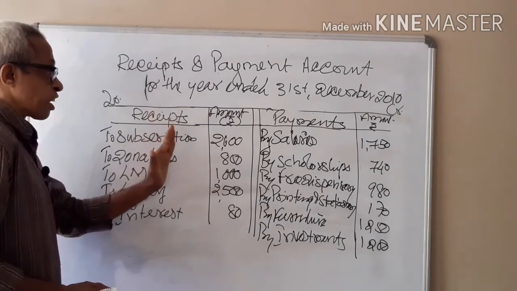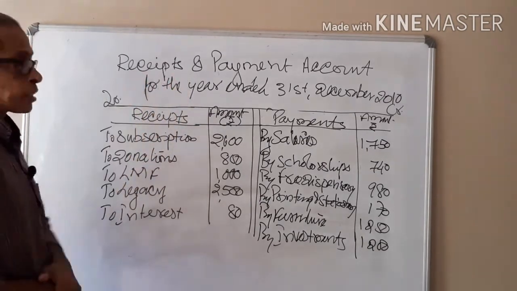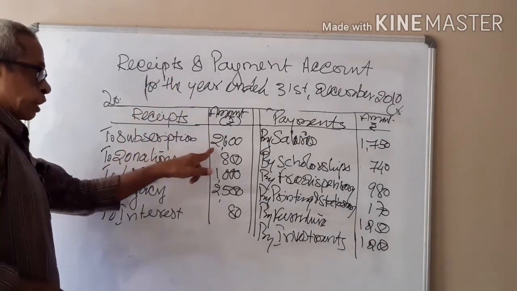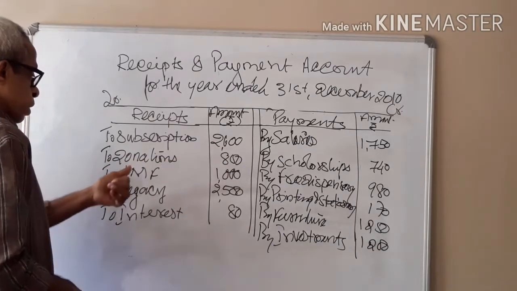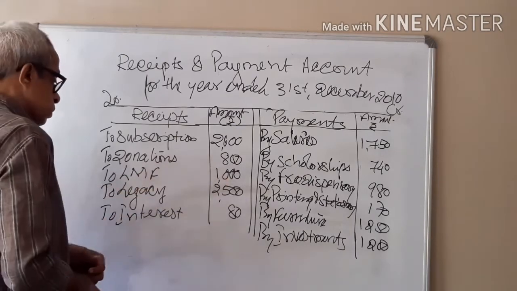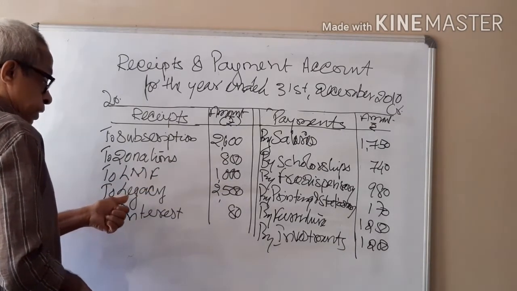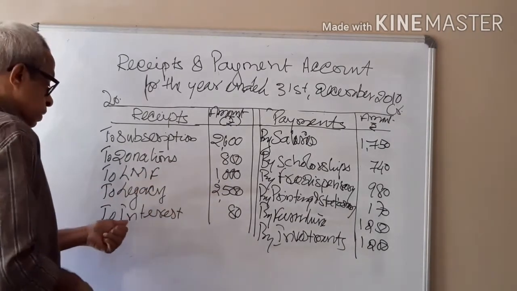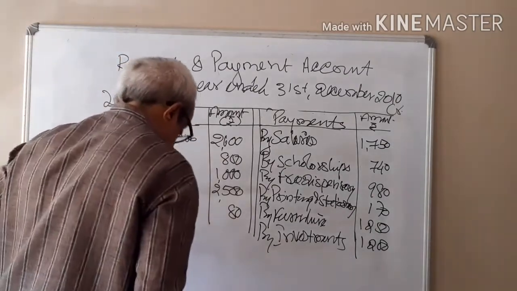So all receipts are shown on the receipt side of receipts and payments account. Namely, subscription is 2600, donations is 800, life membership is 1000, then legacy is 2500, then interest is 80.